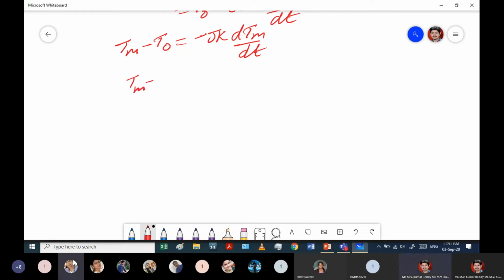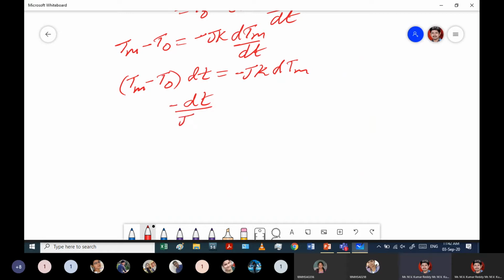Next, rearranging: dt by minus JK is equal to d Tm by Tm minus T naught.